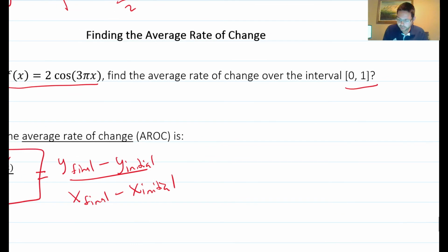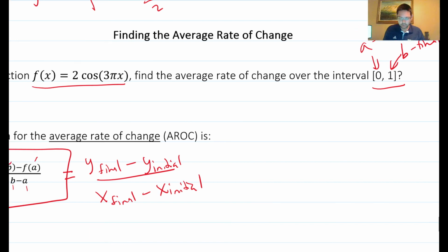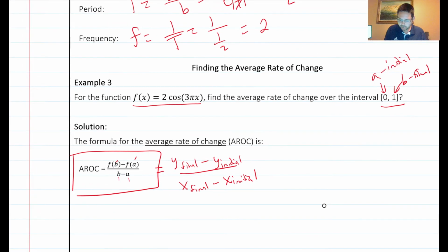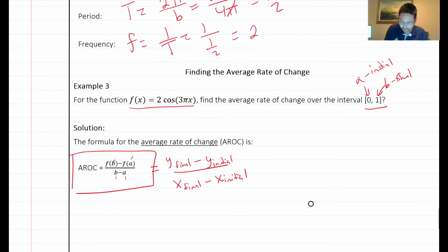All right, so in this case, this is like my b coordinate, my final, and then this is my a, my initial. So to do the average rate of change, I have to plug in, well, I know that according to this formula, b minus a. So it's going to be 1 minus 0. B is 1 and a is 0, according to the coordinates here.